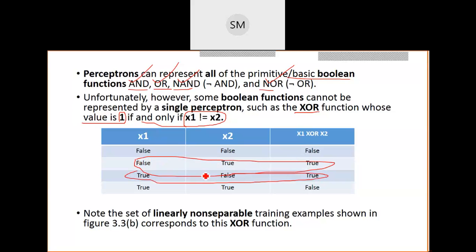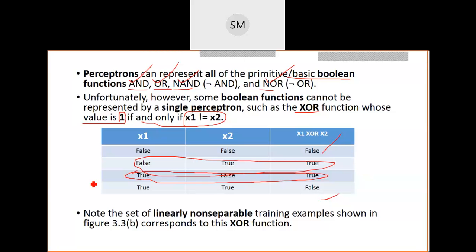If you observe, the output of this XOR function is true only when both inputs are not the same. If both inputs are the same, then it will be false. Because of this nature, we cannot make a clear separation for these training examples in our perceptron.